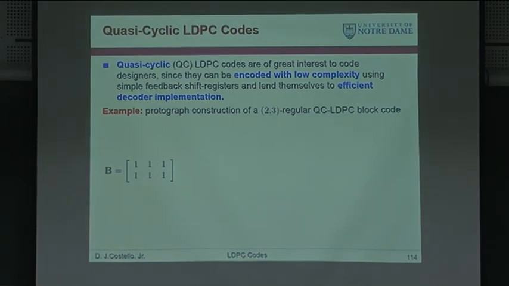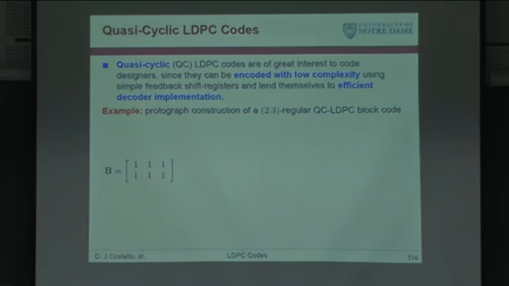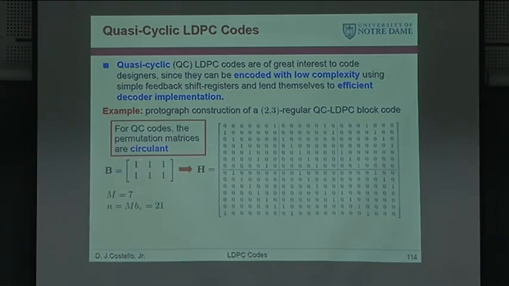This is just to show you can do quasi-cyclics with the protograph construction too. So we have a base matrix. For quasi-cyclic codes, the permutation matrices are circulant, which means they're shifted identity matrices. This is just an example with size 7 permutations and a 2x3 base matrix, so we'd get a code of length 21.